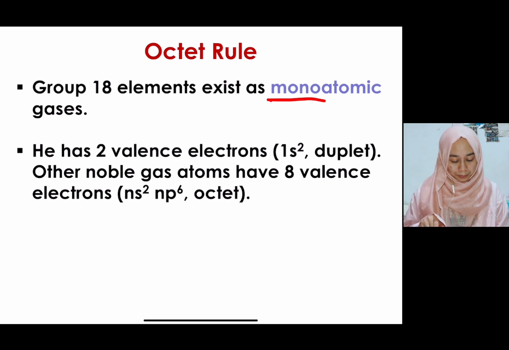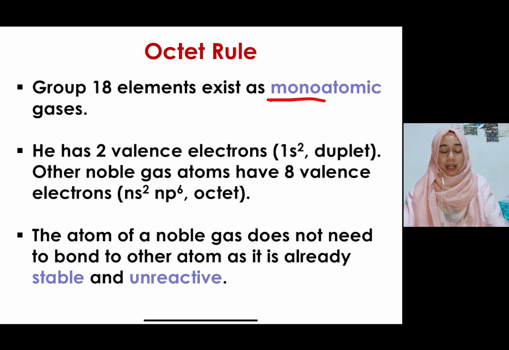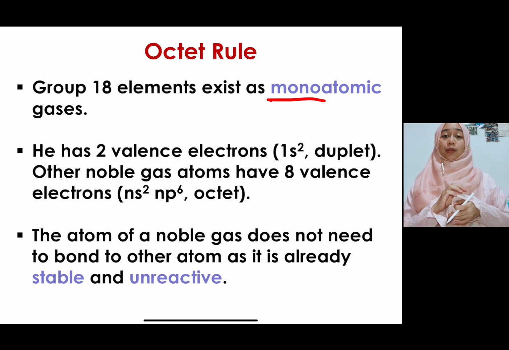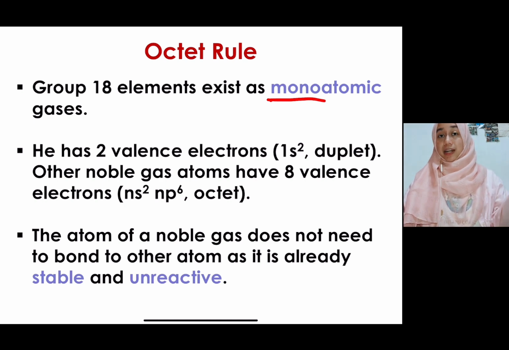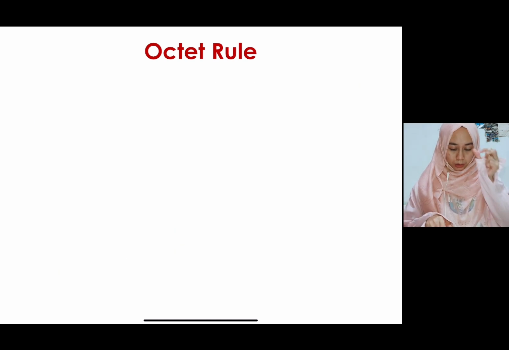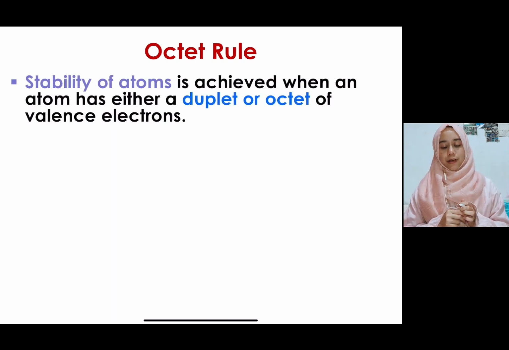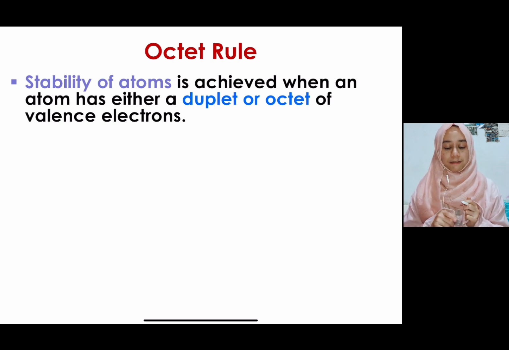Okay. So the atom of noble gas does not need to bond to other atom as it is already stable and unreactive. Okay, so bear in mind noble gases is a very stable gases. Okay, sebab tu dia dikenali sebagai inert gases sebab dia adalah sangatlah unreactive. Okay, dia tak react pun dengan benda lain. Okay, so stability of atom is achieved when an atom has either a duplet ataupun octet of valence electron.